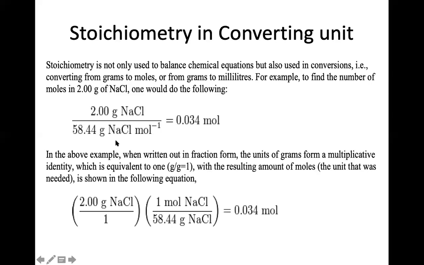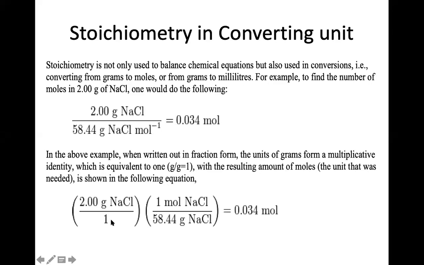In the above example, when written out in fraction form, the units of grams form a multiplicative identity, which is equivalent to 1 gram per 1 gram. That means the resulting amount of moles in the unit that was needed is shown in the following equation. That means 2 grams of sodium chloride.